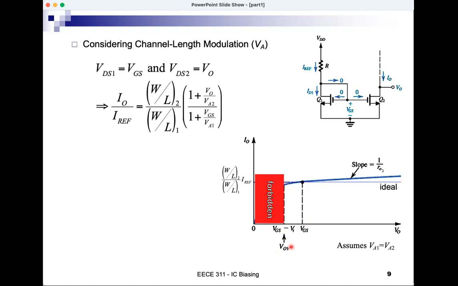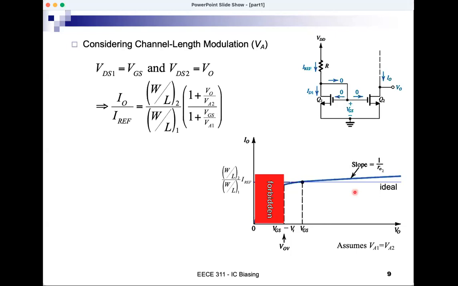Let's forget about this part. And then if we compare the real blue curve with the ideal thin blue line, which should be horizontal, they're not the same, obviously, but they're not that different.